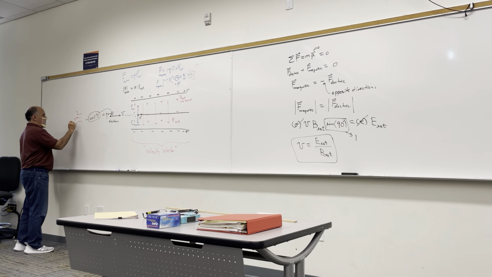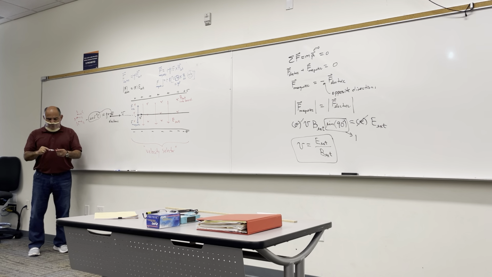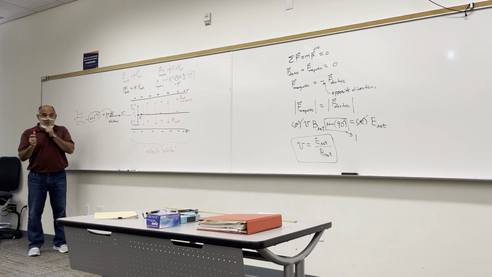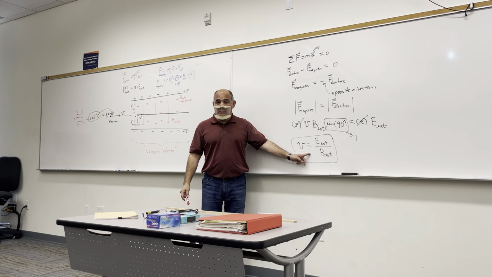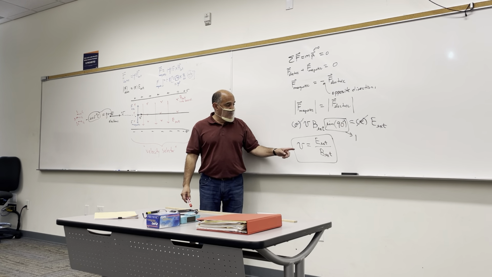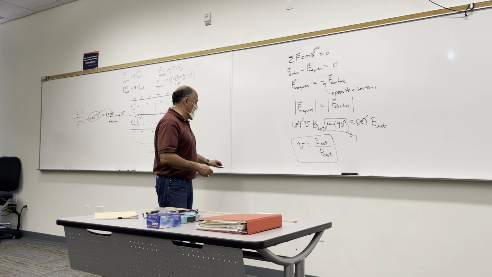Q1, Q2, Q3, V1, V2, V3. What if you have a stream of charged particles coming in? Well, those particles that have this speed equal to the ratio of the electric to the magnetic field are the ones that are going to go undeflected.